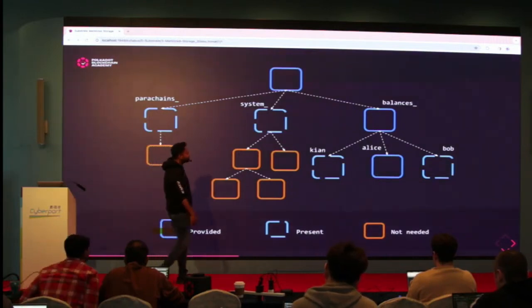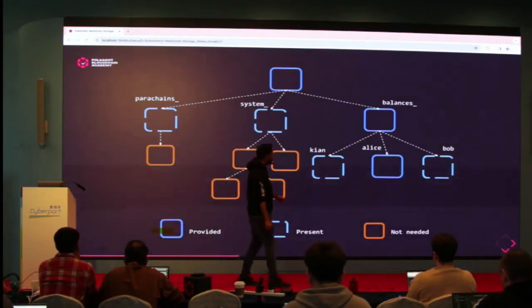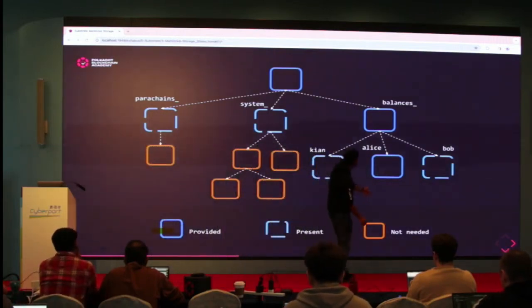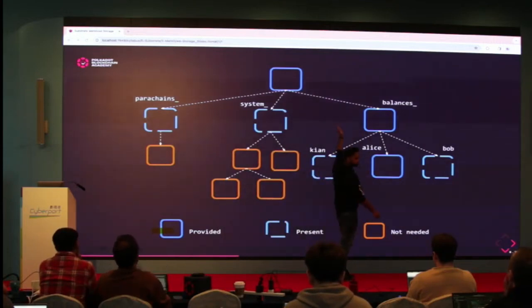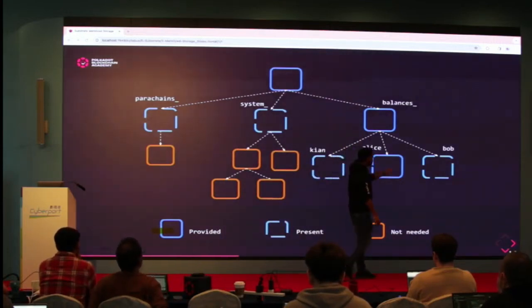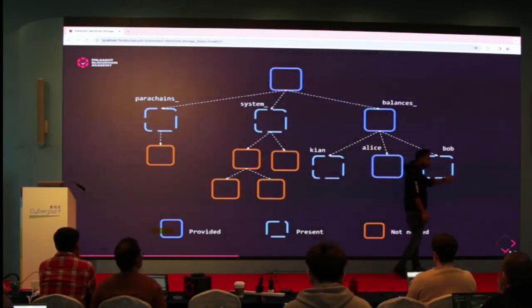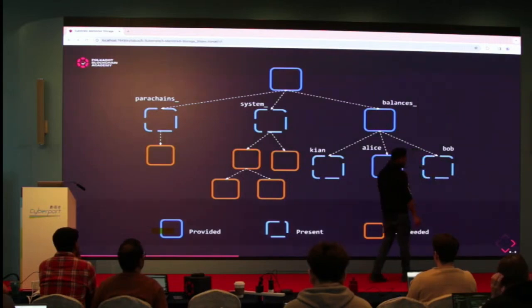Yeah, so Alice will get these blue nodes, the solid blue ones. The dotted blue ones are the ones whose hashes are already contained in the nodes that are provided.